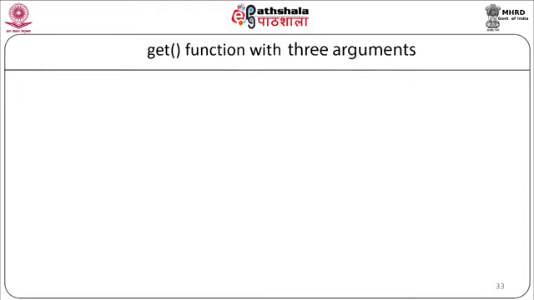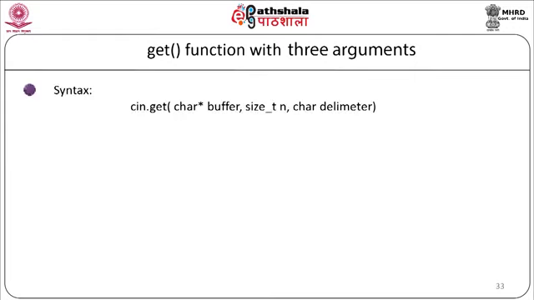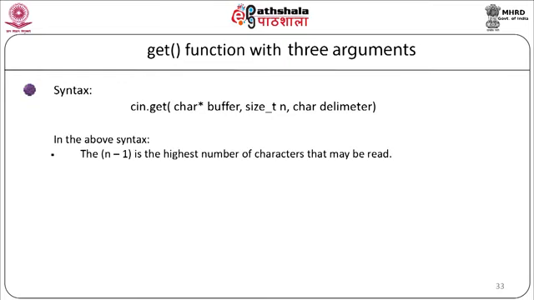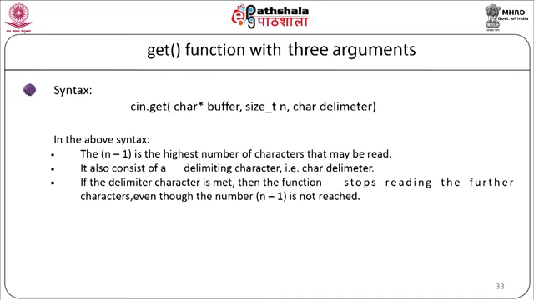Now let's see the get function with 3 arguments. The syntax of this is cin.get(char *buffer, int size, char delimiter). In the above syntax, n-1 is the highest number of characters that may be read. It also consists of a delimiting character, that is char delimiter. If the delimiter character is met, then the function stops reading the further characters even though the number n-1 is not reached.